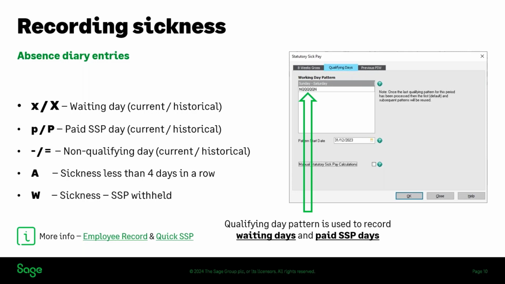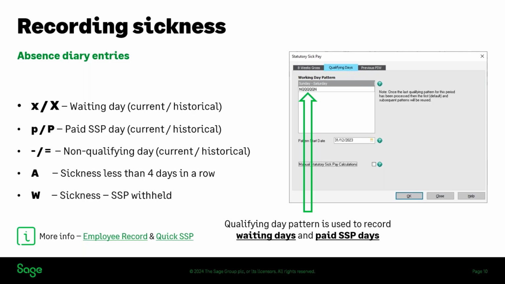If it's in lowercase, it means it's sickness for a current period that hasn't yet been paid. If it's uppercase, if it's a capital letter, it's a waiting day in a historical period that has already been paid.